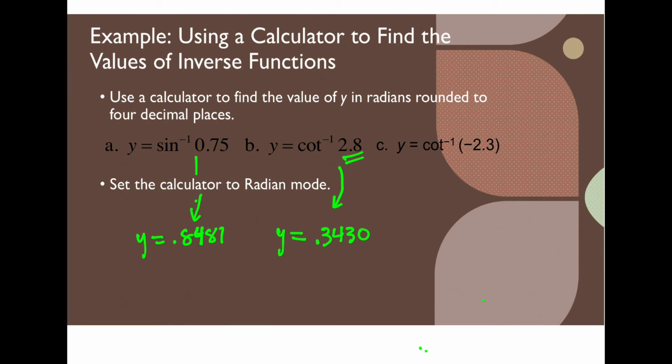But when it's negative, like what we have here, negative 2.3, we're going to take the reciprocal of that because it's a cotangent. We want to find the arc tangent, so I take 1 over that and then hit arctan of that number.